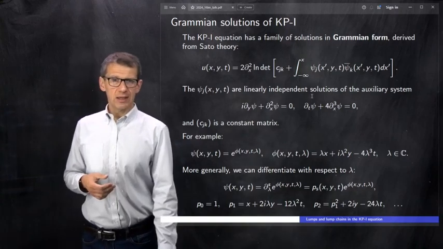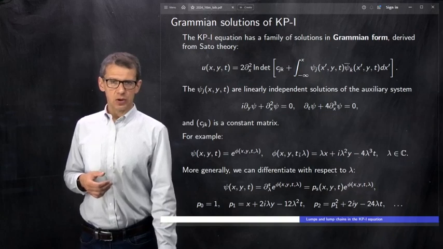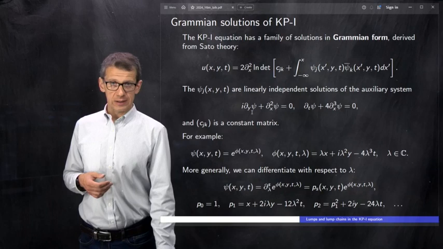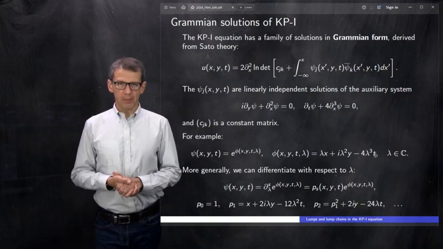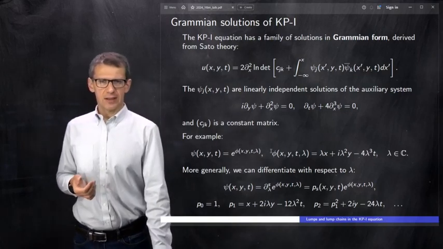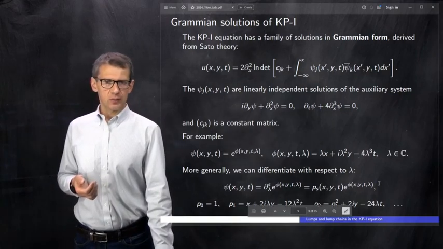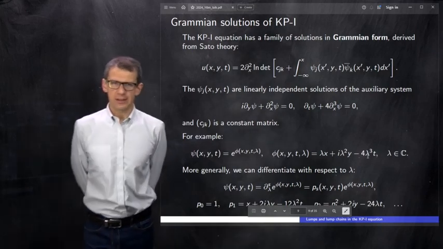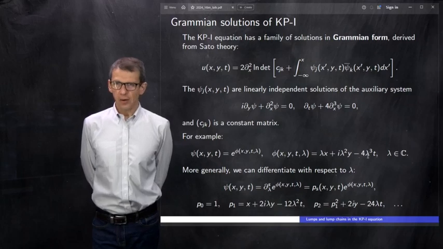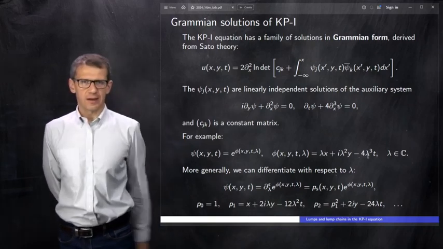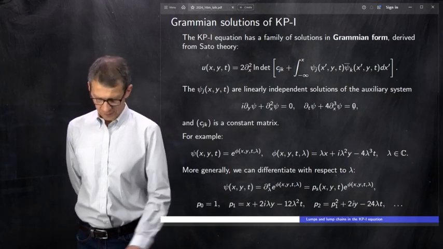So for example, you can take a psi to just be an exponential of the solution phi, which you obtain by taking the Fourier transform. So it's just a linear function in x, y, and t. But more generally, you can take one of these exponentials and you can differentiate it with respect to lambda. So you can just multiply it by any polynomial in x, y, and t that you obtain by differentiating with respect to lambda. And so all of these are going to be solutions of the auxiliary system.